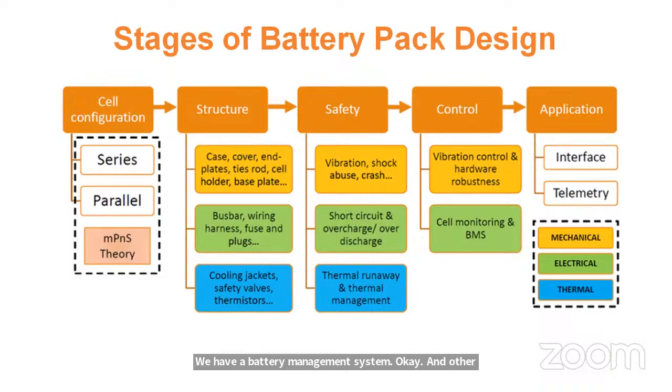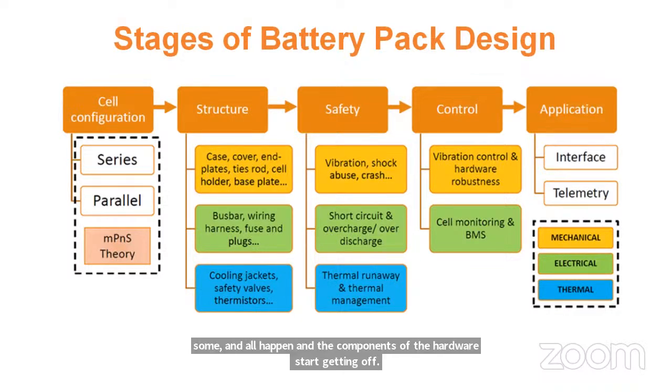So those electronic components we call the hardware. Those should be designed in such a way that they are very robust. It should not be that, running on the road, some vibration happens and the components of the hardware start coming off. It should be designed in such a way, right?